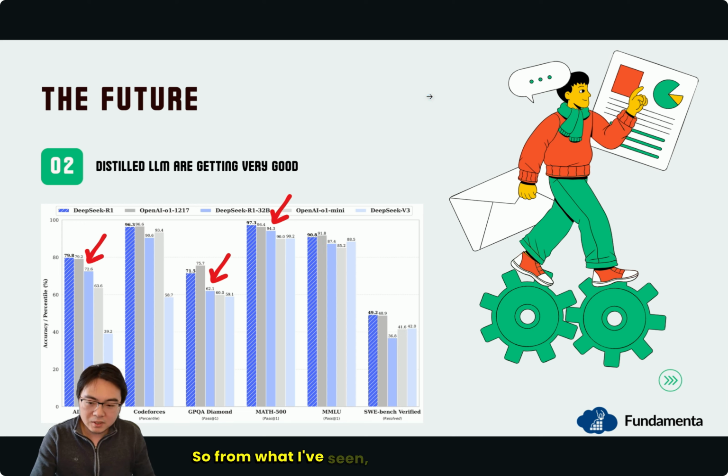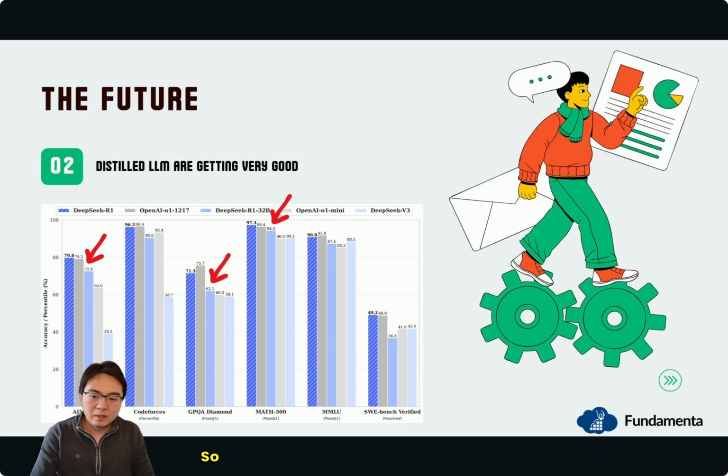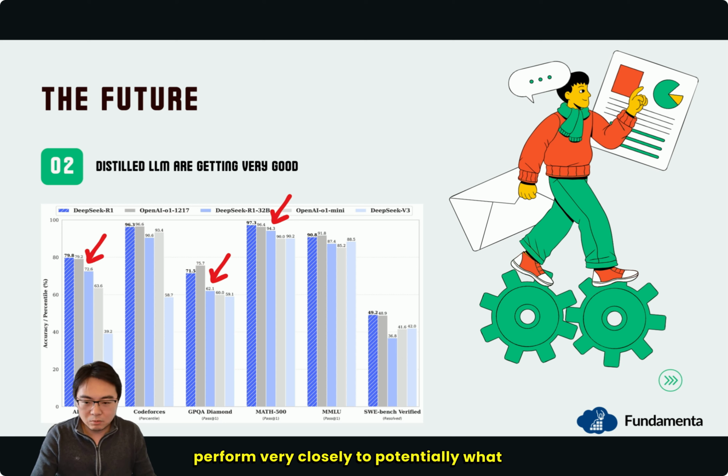From what I've seen, the 32 billion distilled models are the sweet spot of smaller size, but at the same time a very strong reasoning model comparable to R1 and O1, right? So I think that's important to keep in mind: you don't necessarily need all of these big models. Some of the distilled models can perform very closely to what you need with a much lower GPU requirement.